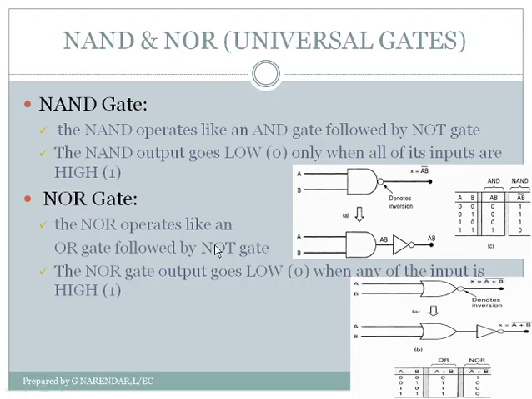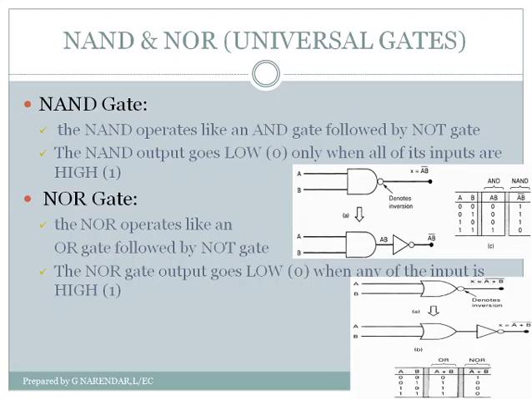For the NOR gate, the circuit performs an operation which is equivalent to performing the OR operation on the input variables first, and on the result we perform the complement operation.